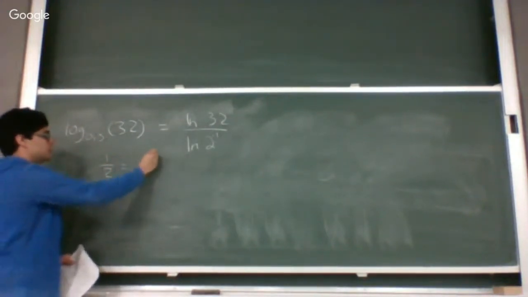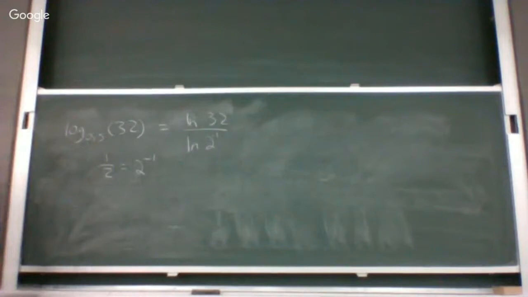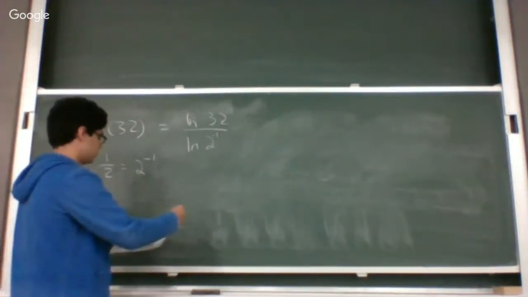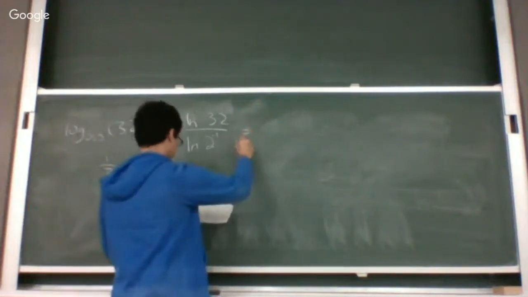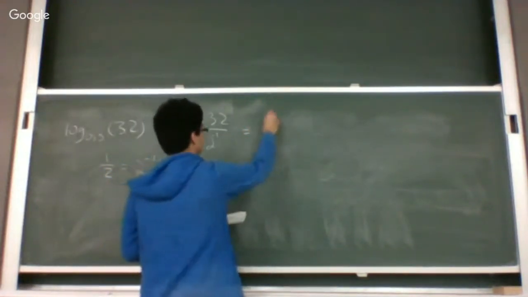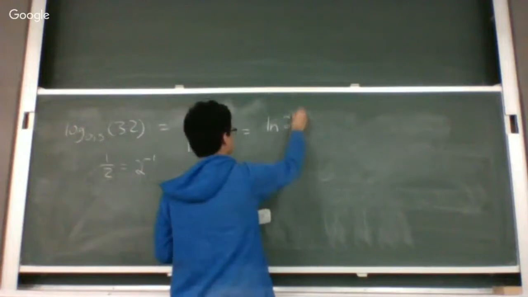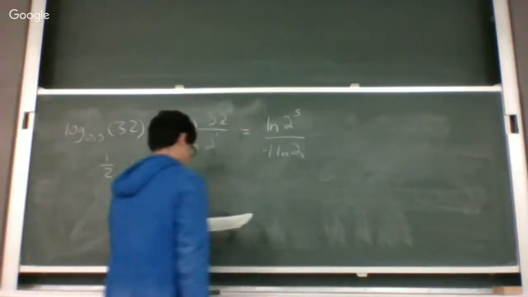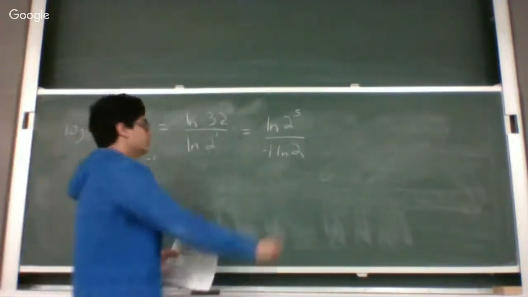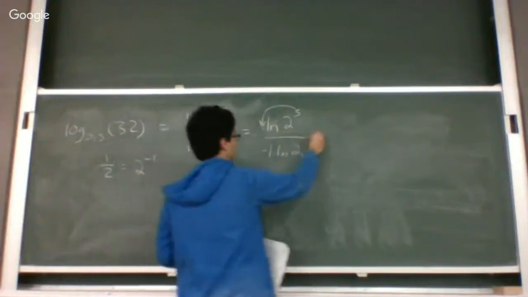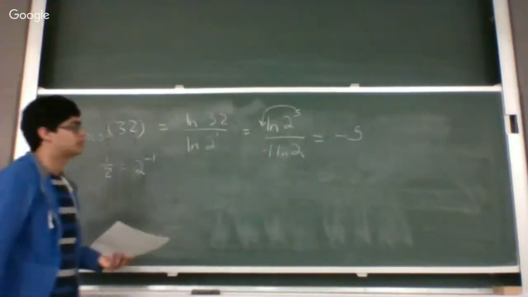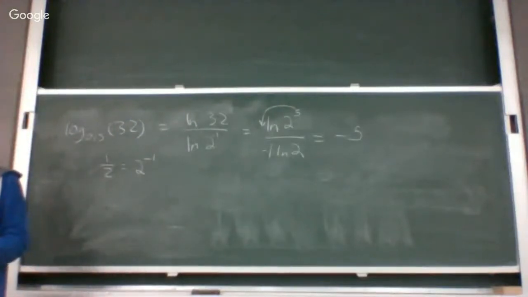That's 2 to the -1 power. So you can bring the exponents down for that. But 32 can be rewritten as natural log of 2 to the 5th power. And then we have -1 natural log of 2. Okay, this 5 can be brought down, so our answer will be -5 because the natural log of 2 crosses out.